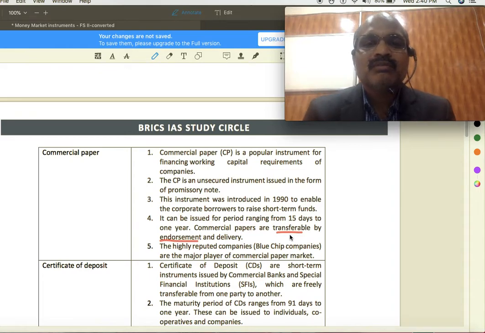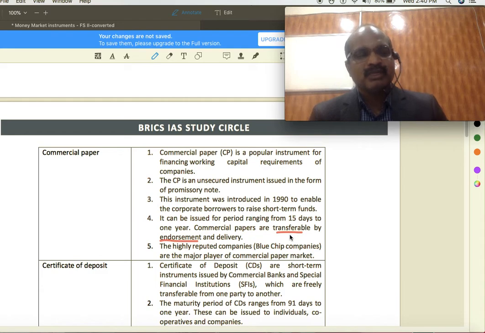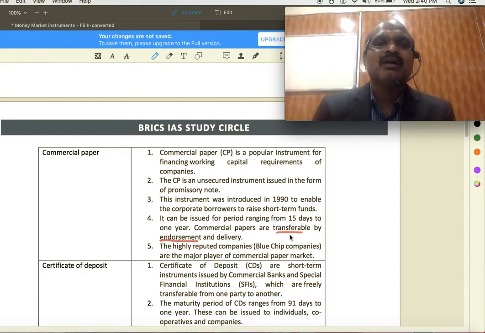But when commercial paper is issued in your name, that means when you have given money to the company, you mention very clearly it should be in favor of your name. That means you only can claim money from the company after maturity. What are you supposed to do? You should sign at the back of the instrument, or on the face of the instrument if there is space at the bottom.